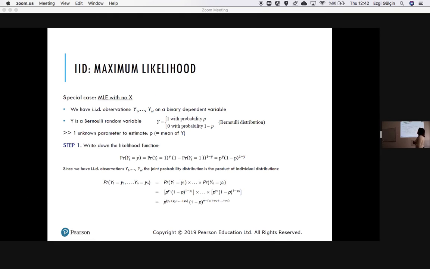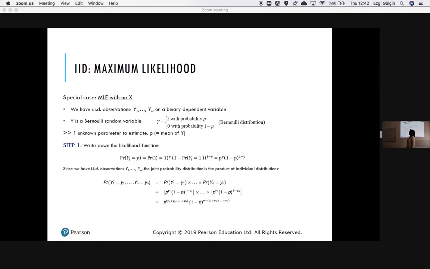And then how can we conclude this? This is something that I'm showing to you. I'm not going to ask you the formula here. I just want you to know what this means. In the case in which we do not have a regressor, our observations y1 up to yn are actually binary variables equal to 1 or equal to 0 for all individuals.